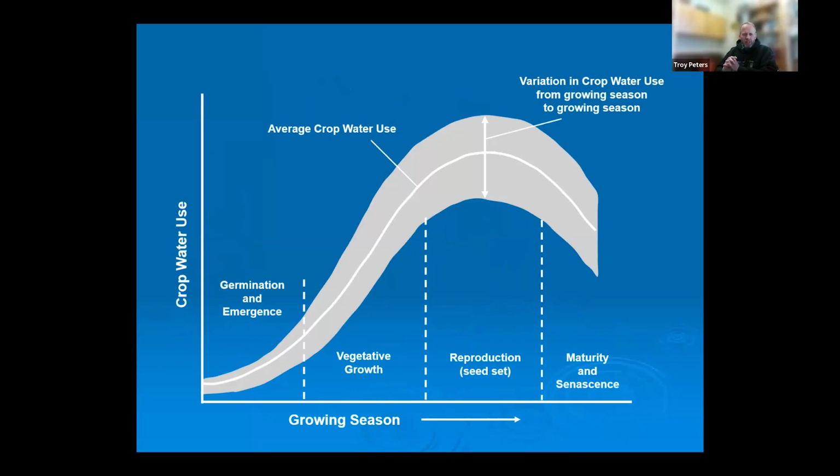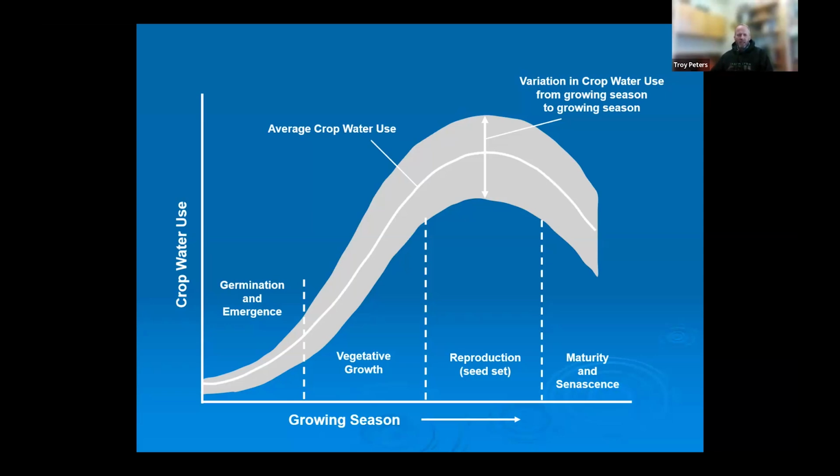Then that reference ET gets multiplied by a crop coefficient that also changes over time. Here, the crop coefficient goes through germination and emergence, then vegetative growth, as the plant gets bigger and bigger. It's creating this infrastructure that it's using to capture sunlight and CO2 and do photosynthesis and turn it into the good things that we want out of crops that we're growing deliberately.